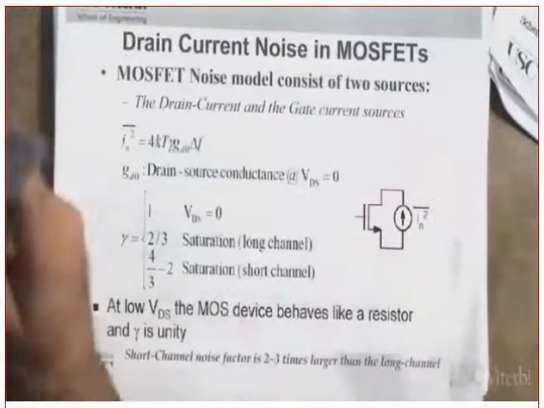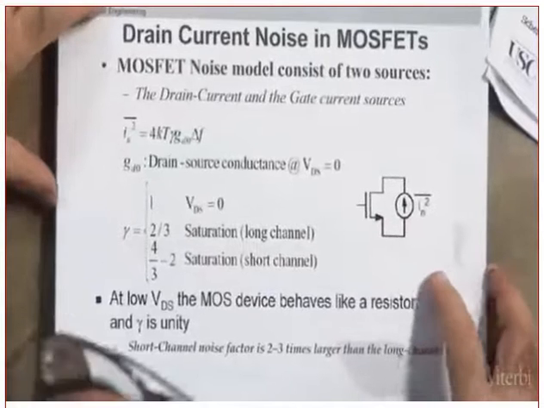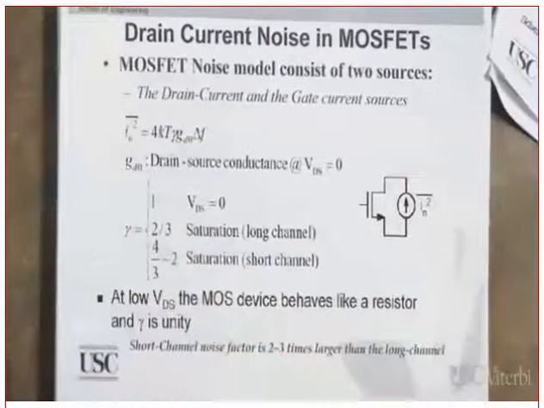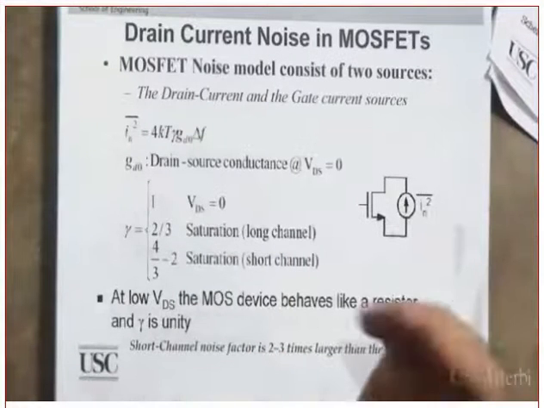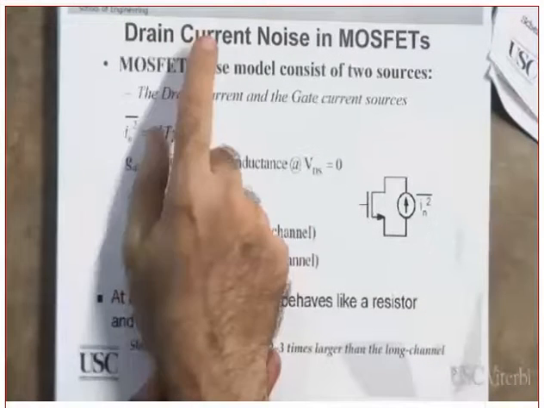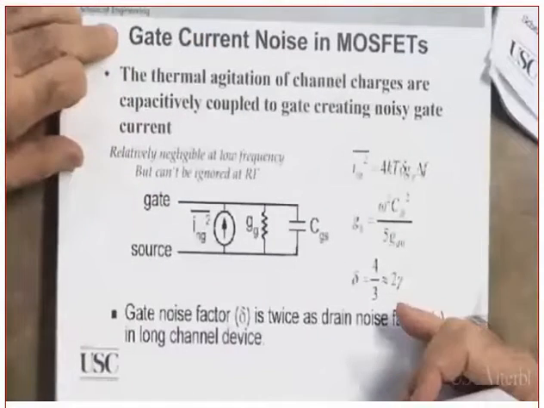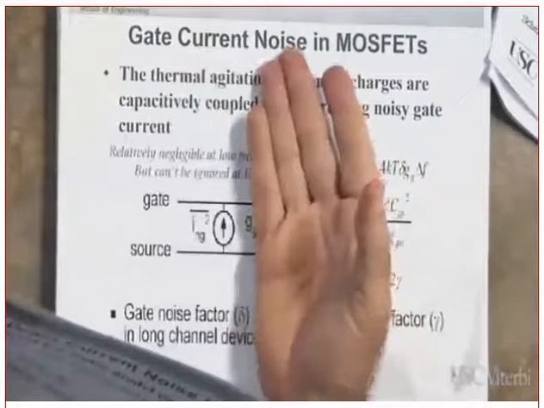Okay, now let's look at the noise. Try to understand the noise before we continue next time with the analysis of the noise. Where are the sources of the noise? Where are they coming from? We have the drain current noise, and we do have the gate current noise. Most of the time, we are going to ignore the gate current noise.